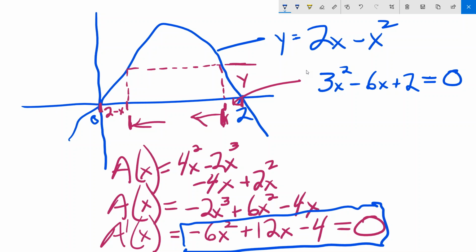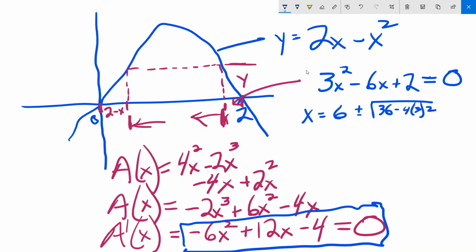We try to factor it. I made up these numbers, so I can't promise it's going to factor nicely. Let me think for a second. All right, so we're going to use the quadratic formula. Correct. So 6 plus or minus the square root of 36 minus 4 times 3 times 2, all over 6.